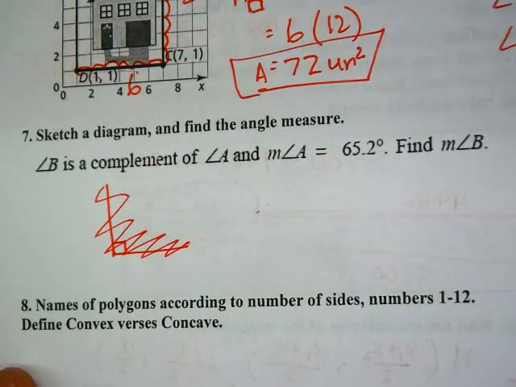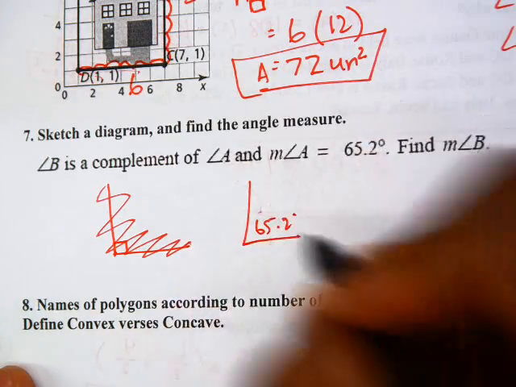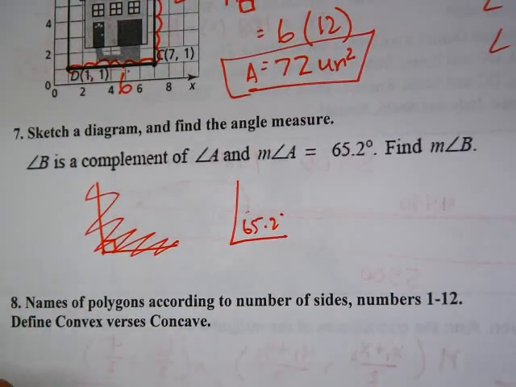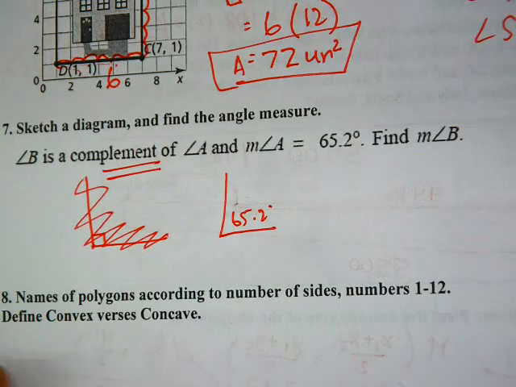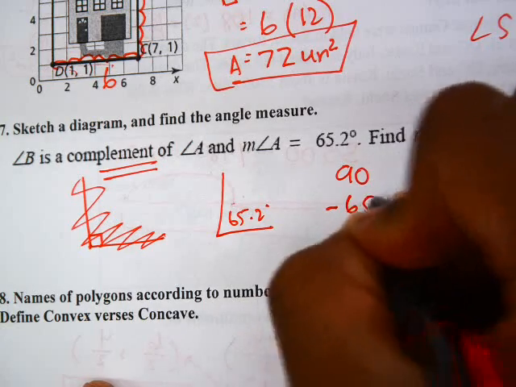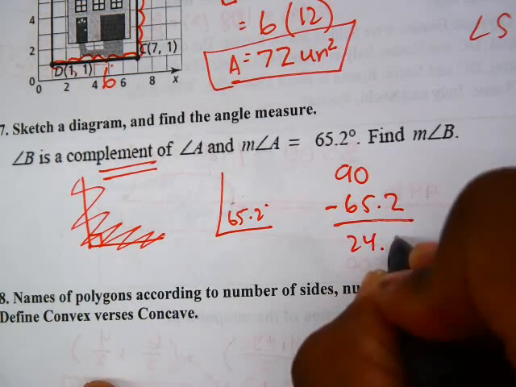I'm drawing a bad picture. Angle A is 65.2 degrees. That's probably not way bigger than 65.2 degrees, but that's fine. To be a complement, you need to add up to equal 90 degrees. So to find the complement, I'm going to take 65.2 and subtract it from 90. That's 24.8.